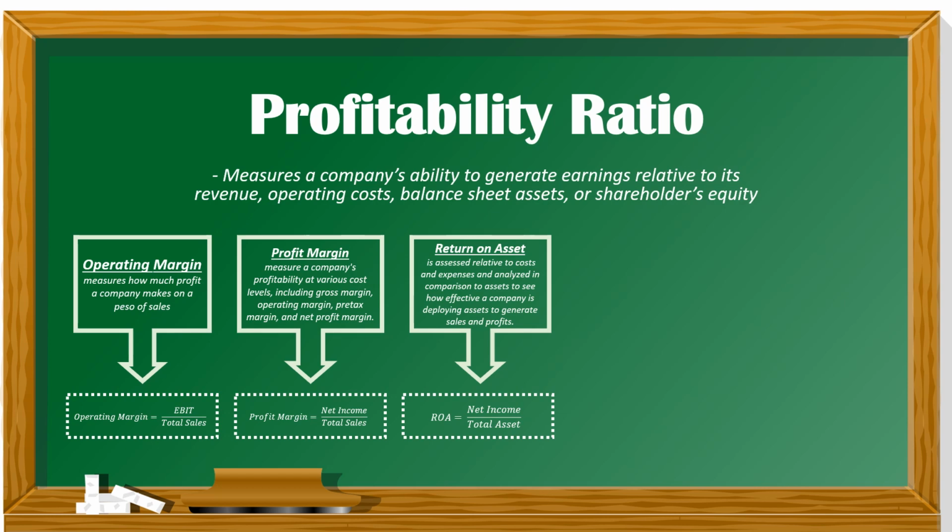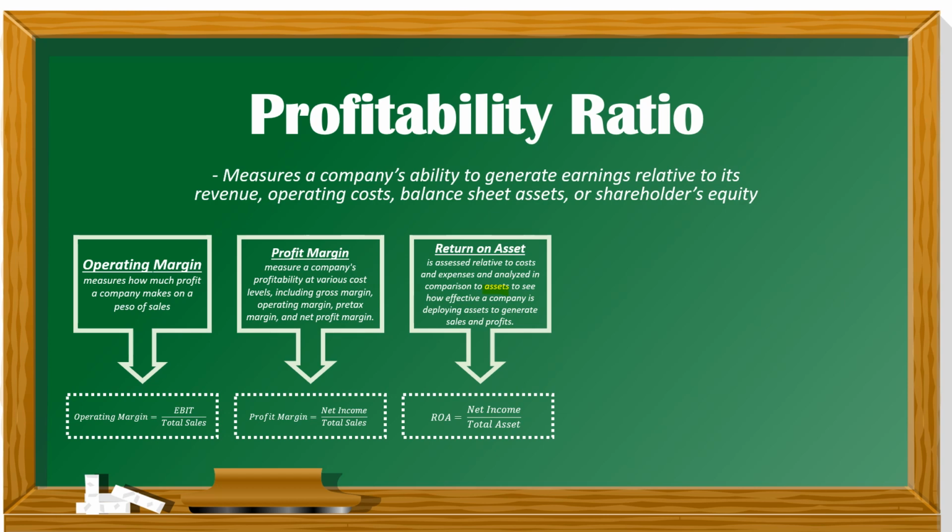The return on asset is assessed relative to costs and expenses and analyzed in comparison to assets, to see how effectively a company is deploying assets to generate sales and profits. The formula for the ROA is net income divided by the total asset.